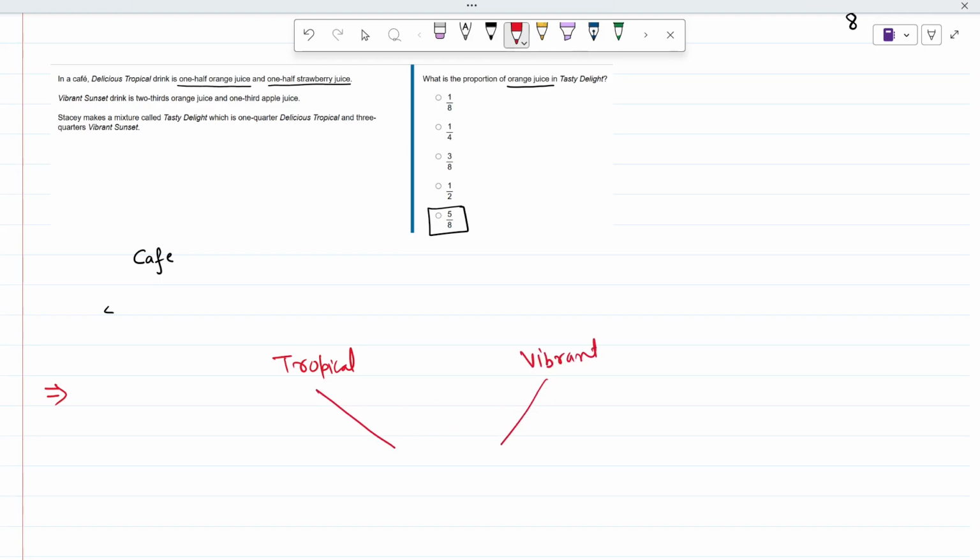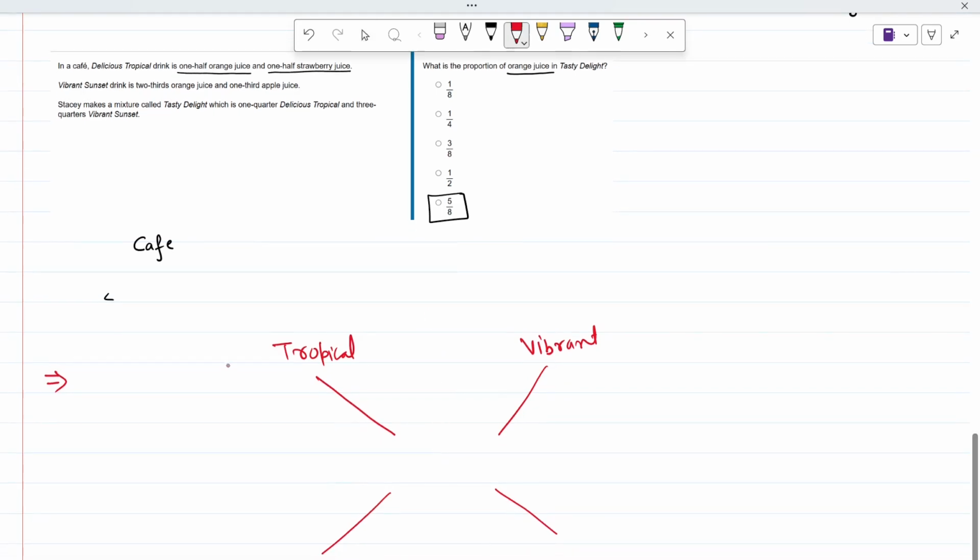They are getting mixed, and we have to find the orange proportion, the percentage of orange in the final mixture. So I will write the percentage of orange in the tropical drink and the vibrant drink also. We can work on a percentage basis or on a ratio basis. Right now it is given in terms of ratio, so we can work directly on the ratio.